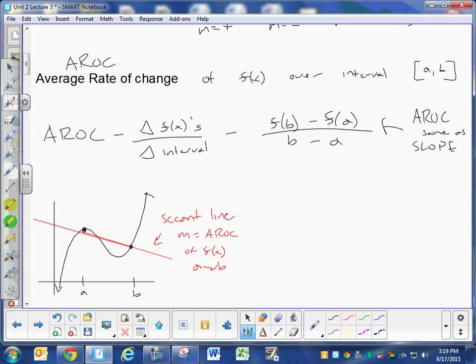What does average rate of change mean? It's just telling you that on average, your function is doing this over this interval. So I look at this line and I find that the slope is negative. Let's say the slope is equal to negative 1.5 or something. Since I'm talking about some function f of x, I can say that on average between the x coordinates of a and b, my function values are decreasing, going down 1.5 units per every 1 x unit.